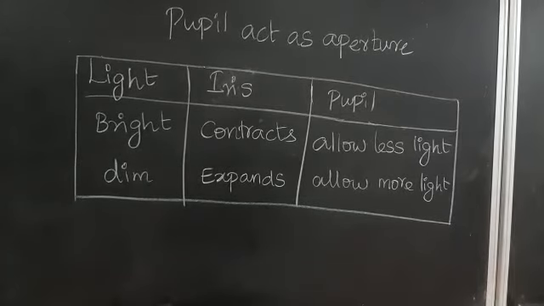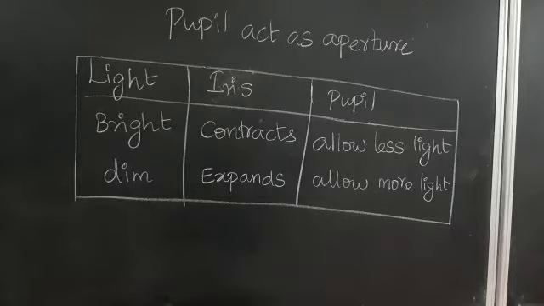And in this video we are going to see how our eye acts when we are looking into bright light and dim light. A practical example: suppose you plan to go to a movie for a matinee show.